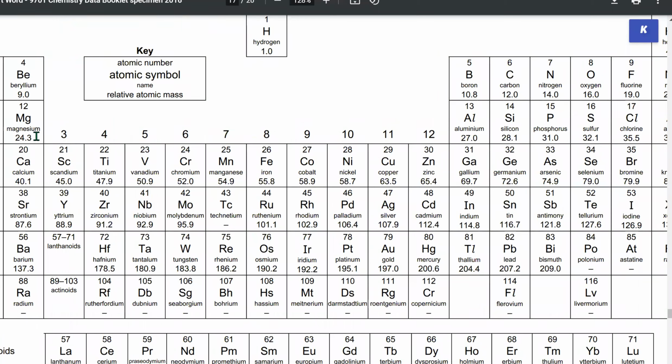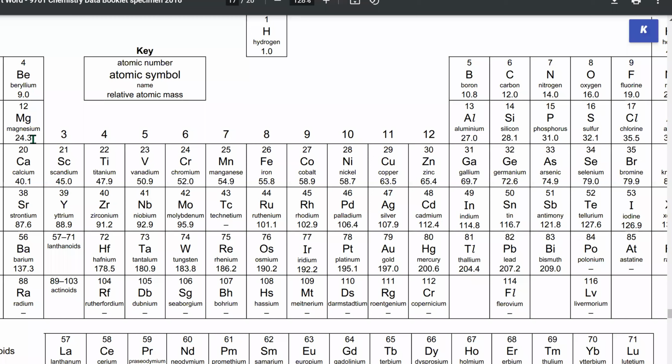First thing, don't use your memory like you're used to finding moles, right? It's not that difficult. But if somebody tells you to find the moles of magnesium, you'll take the mass and divide by 24. I mean, that's your habit. You believe these values, right? But now the values are more accurate, and they are in decimals.